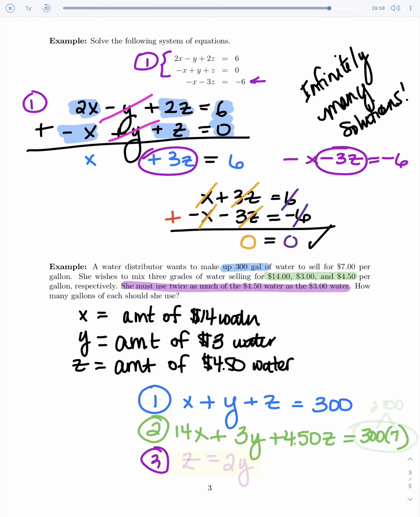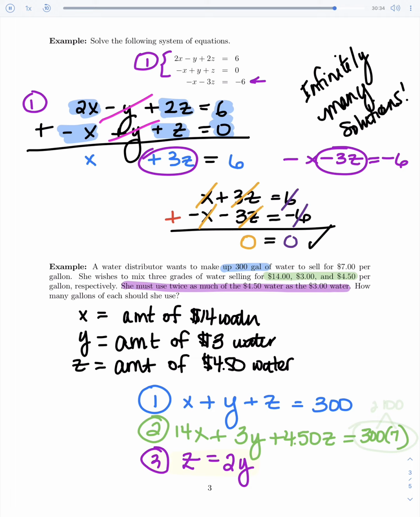This would look like Z, the $4.50 water, is going to be twice as much as the $3 water. And the $3 water, we use the letter Y. So those are our 3 equations we would use.